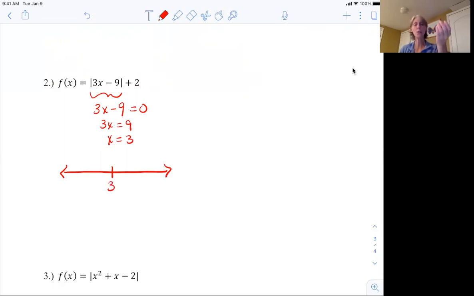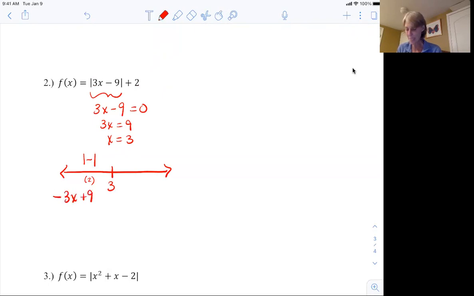Now I plug in a number that's less than 3 and see what type of number we have inside our absolute value sign. So let's say I use 2. 6 minus 9 would be a negative number. To rewrite this without signs, when I go from one side of the number line to the other, I'm going to negate what's inside.